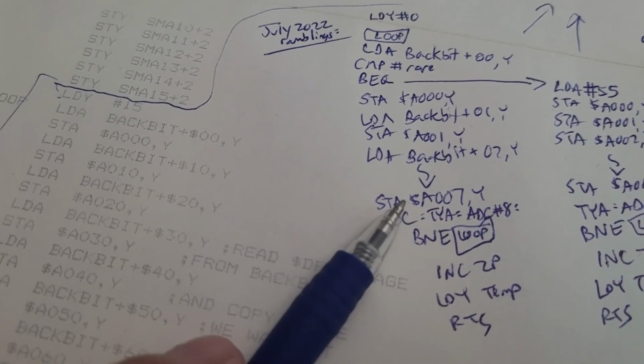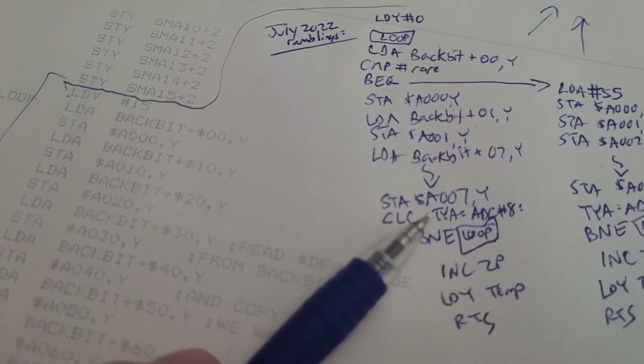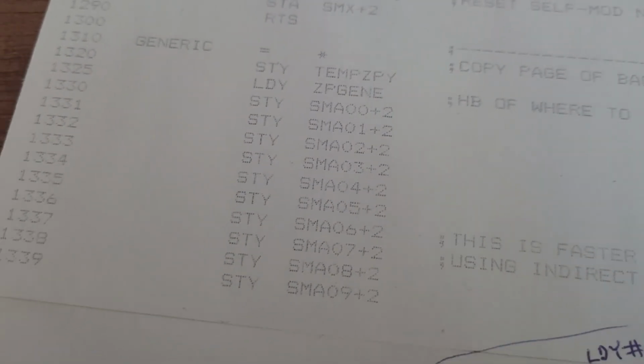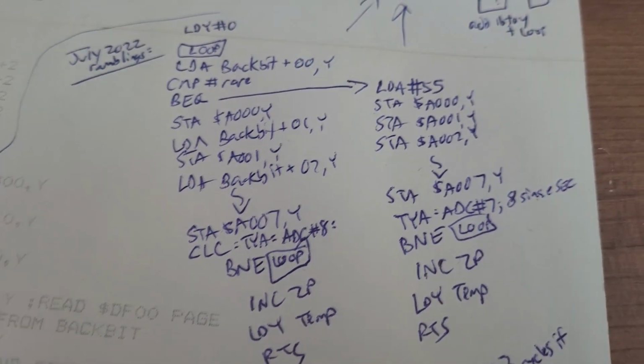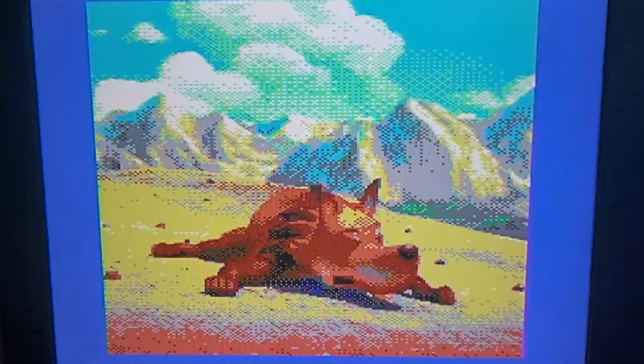So the savings there actually is more than the 64 bytes or cycles that it takes to set up the self-modifying code. So it's definitely going to be a savings to be had. But at the moment, I just want to see what one set of 8 will do.